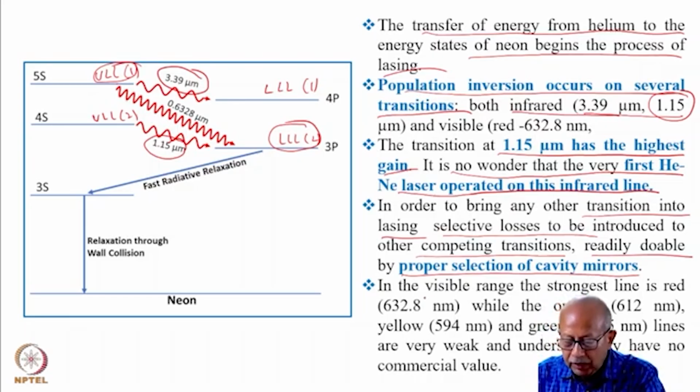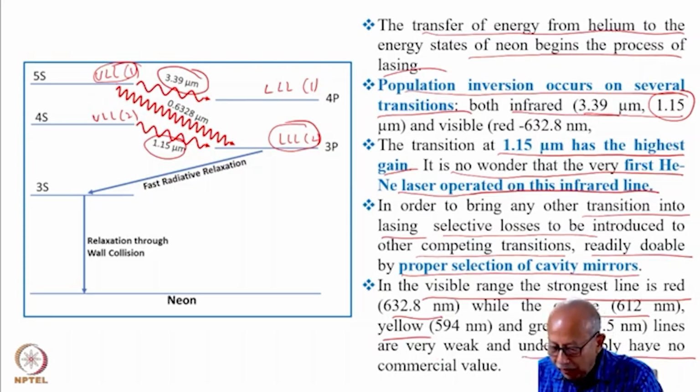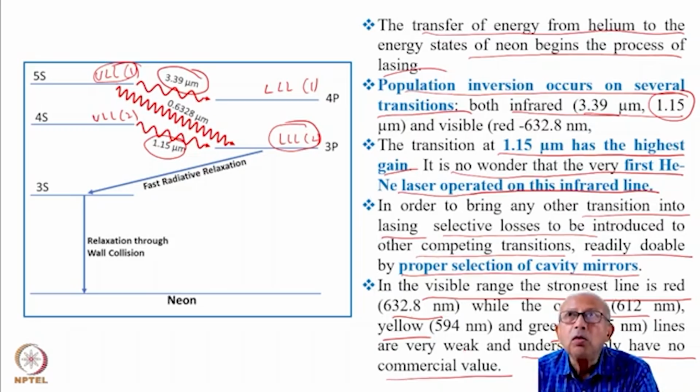The other point is that in the visible range, as I said, the strongest line is the red line, while the other lines, like orange, yellow, green, are very weak and understandably have no commercial value. So today I close here, and tomorrow we will continue with the helium neon laser and see what are its possible applications.